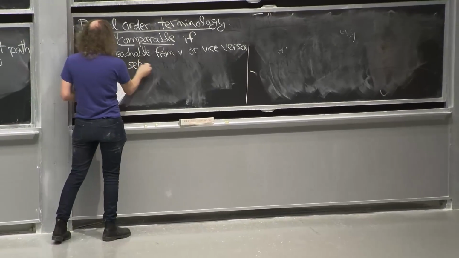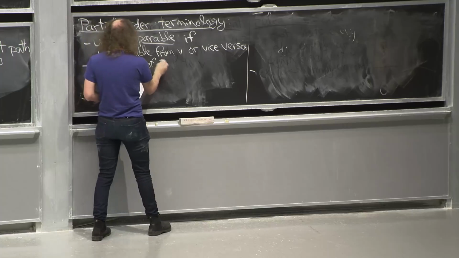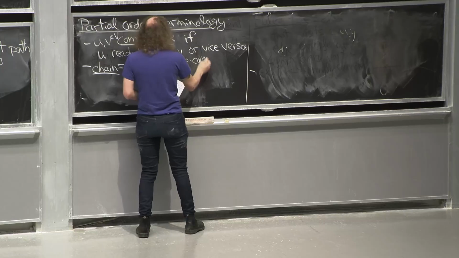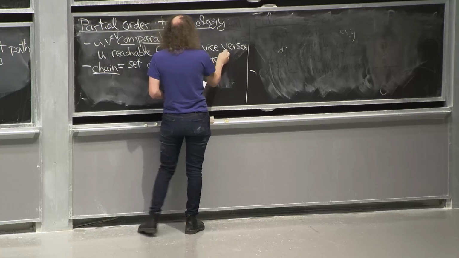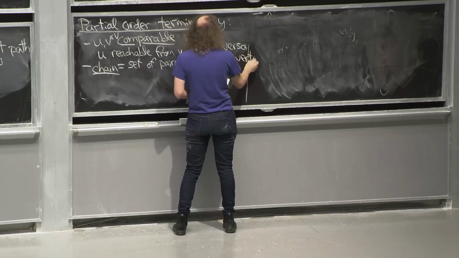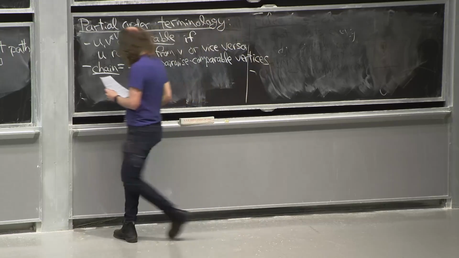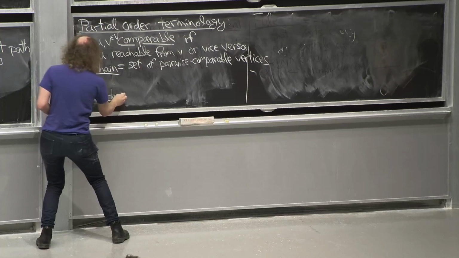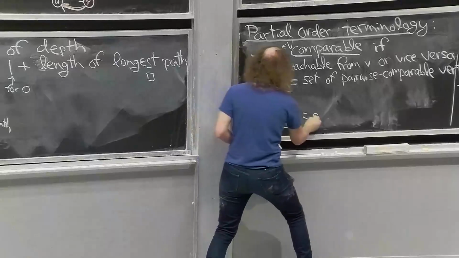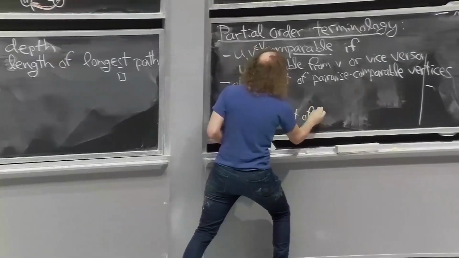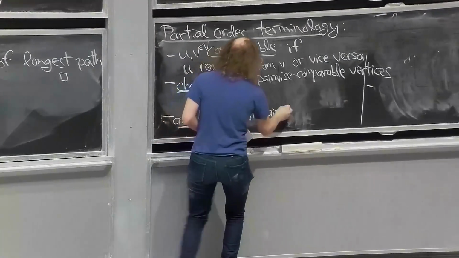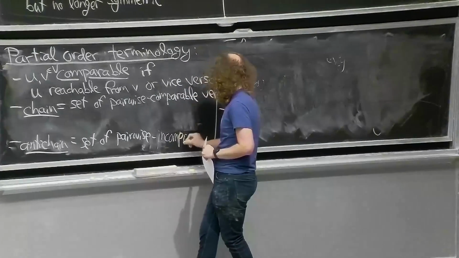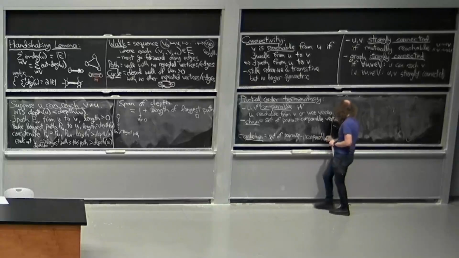A chain is a set of pairwise, or mutually, comparable vertices. And an antichain is a set of pairwise incomparable vertices.